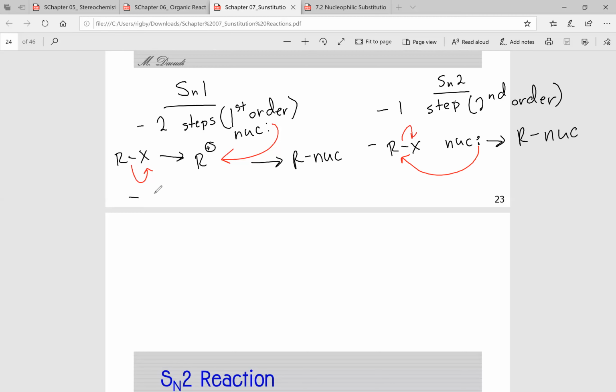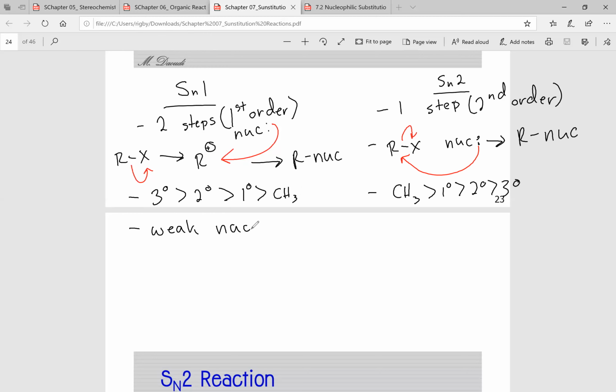Well, Sn1 is going to occur more often if we have a tertiary carbon, a secondary carbon over a primary carbon, and it almost never happens with methyl carbons. Okay? Sn2, on the other hand, happens a lot more with methyl than primary, than secondary, and almost never happens with tertiary. Okay? And then for Sn1, we want weak nucleophiles.